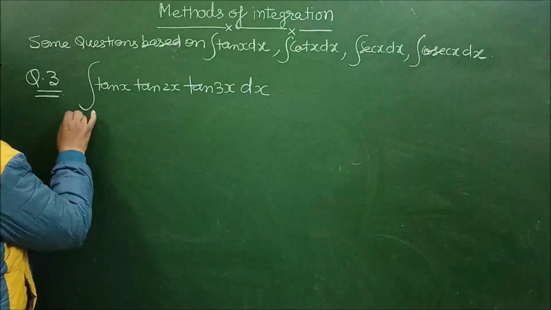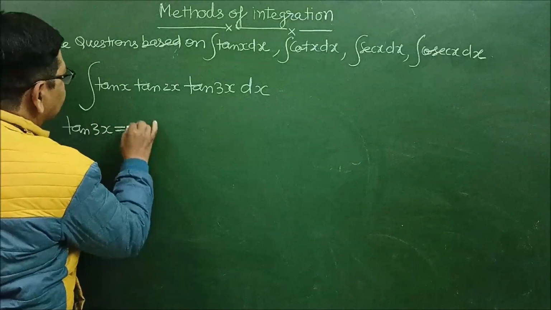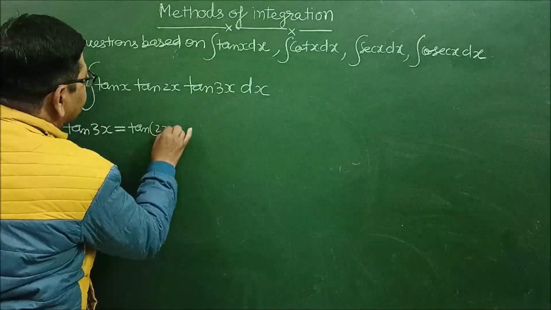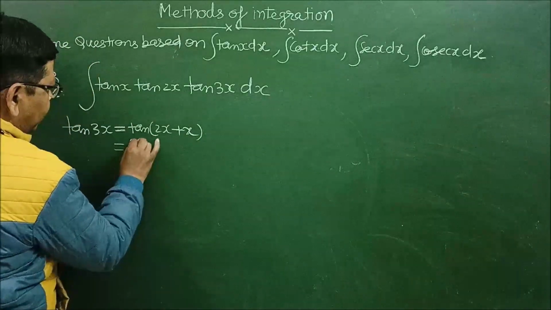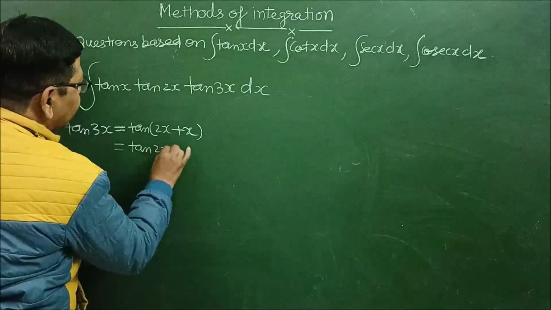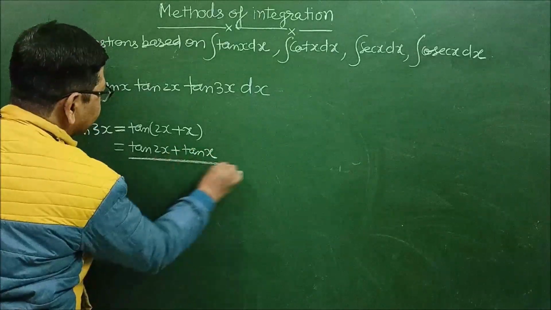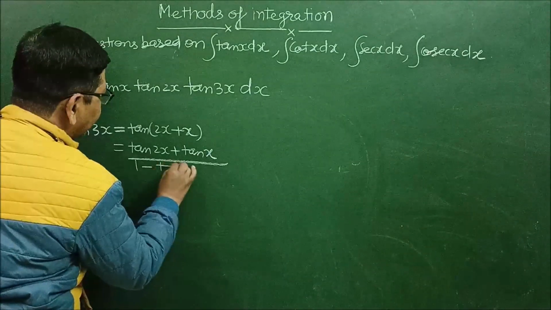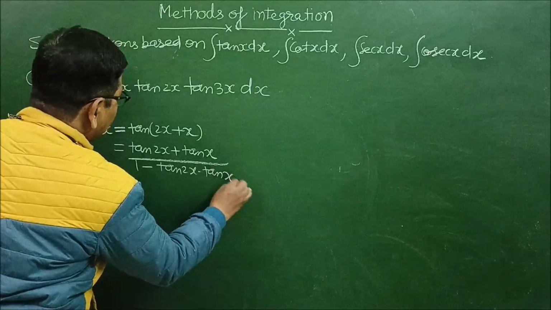As you all know, the trigonometric formula tan 3x can be split as tan of 2x plus x. Now using the formula of tan a plus b, I can write this as tan a plus tan b upon, that is tan 2x plus tan x upon 1 minus tan 2x into tan x.